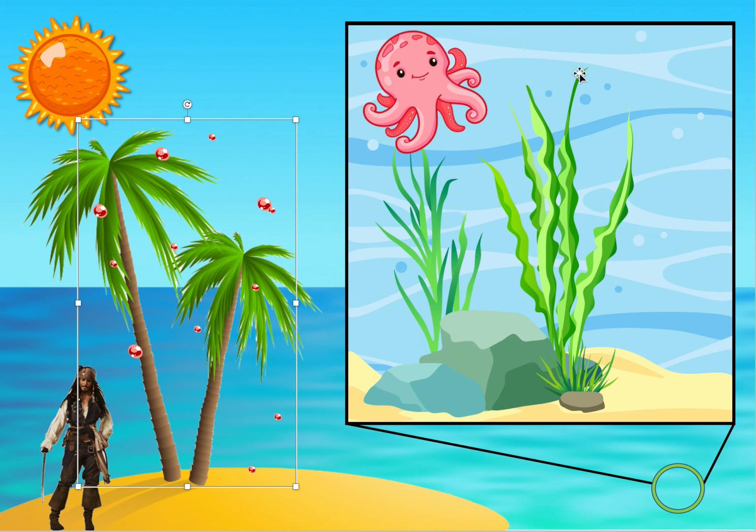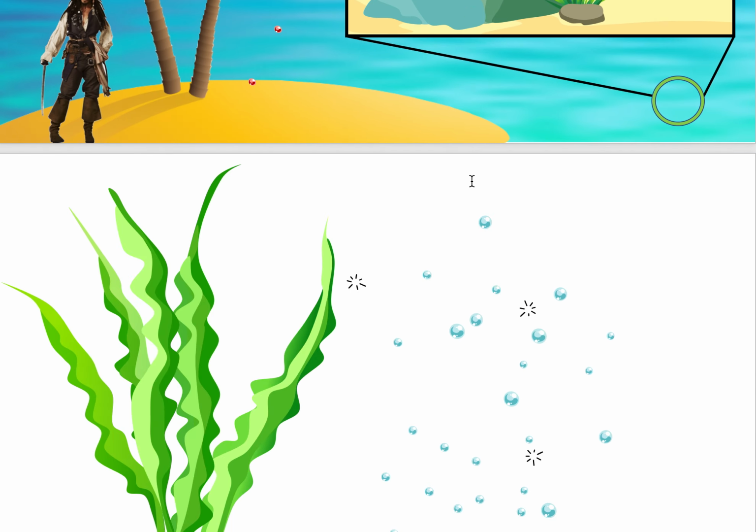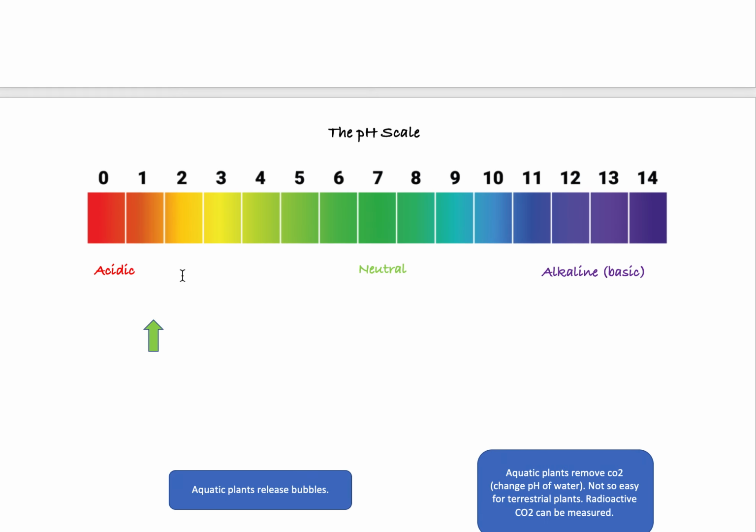If it's removing all the carbon dioxide from the water by doing photosynthesis, then what will happen to the pH? There will be less carbon dioxide, and we know carbon dioxide makes it acidic. If there's less carbon dioxide, then the pH will shift to the right. So it will move from pH 3 to maybe pH 4 or 5. So the pH will increase during photosynthesis.